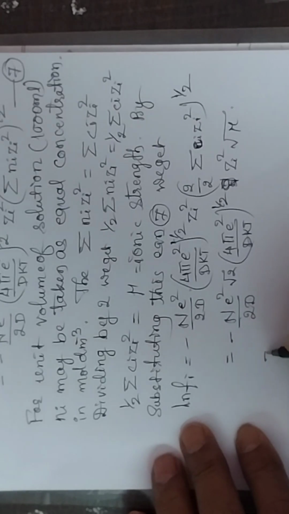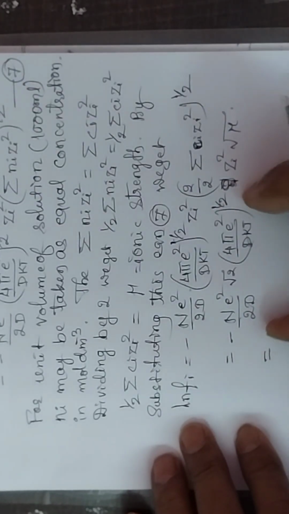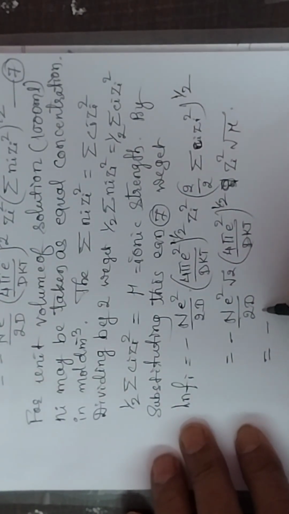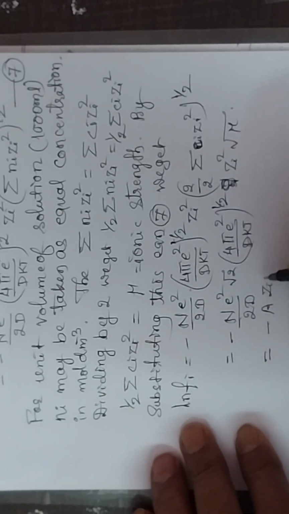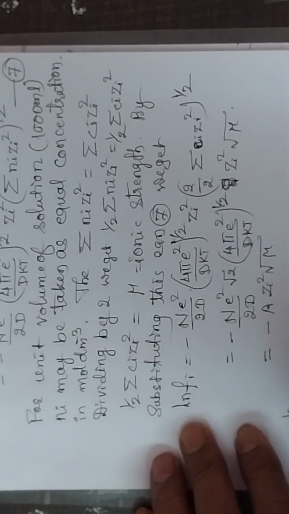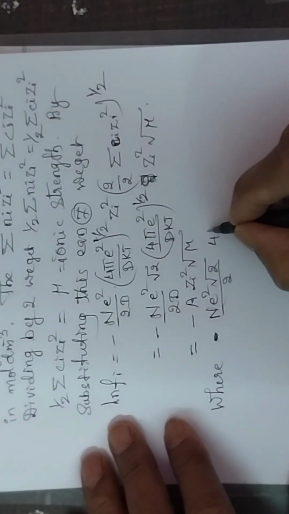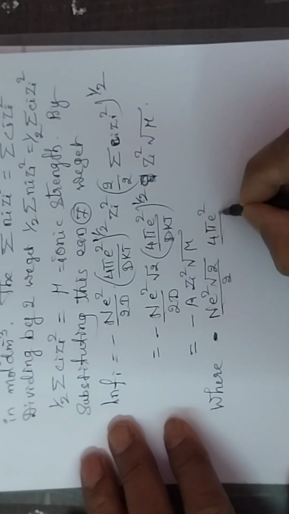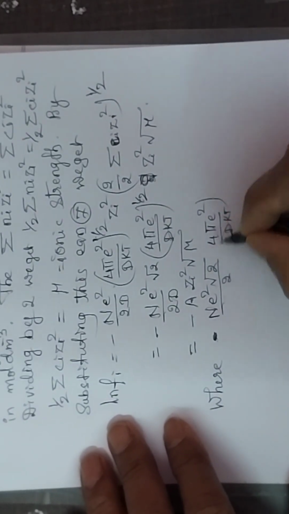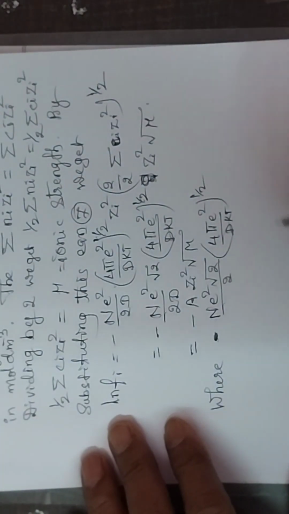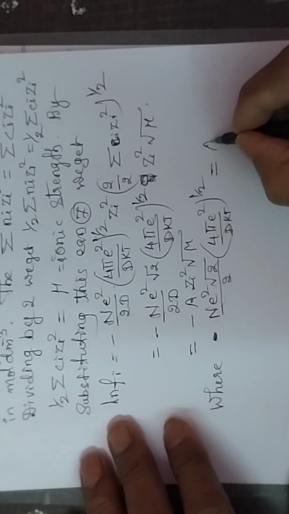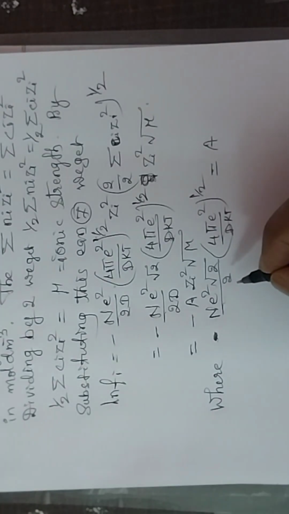Now in this equation, up to this point, all these are constants. It may be taken as equal to a, then this is equal to zi square, then root mu, where 2, then 4 pi e square divided by d k t raised to half is equal to a.